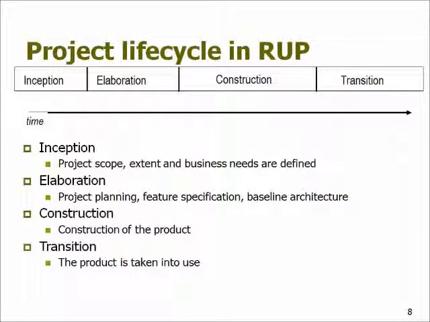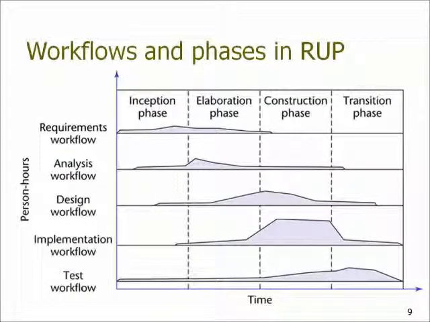So the idea is that the rationally unified process works in phases. We have inception phase, we have elaboration phase, construction phase, and transition. In these parts, the idea is more or less that the inception phase is used to capture most of the requirements.